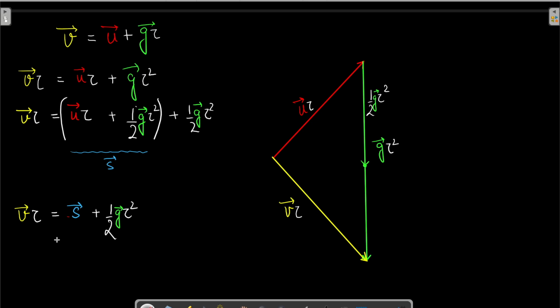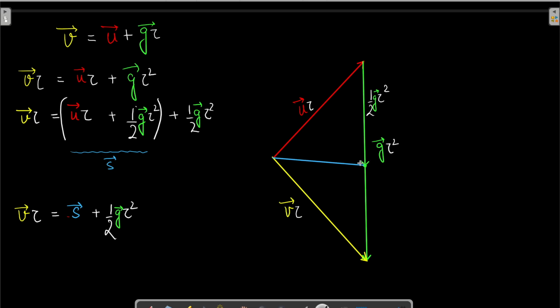We have seen that v vector scaled by tau should be equal to s vector plus half g tau squared. So the second half g tau squared is this part, and the resultant is this one. So the other addend vector should be along this line, which is obviously the displacement vector, as we have shown here.